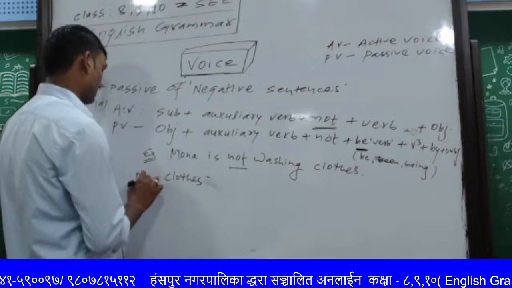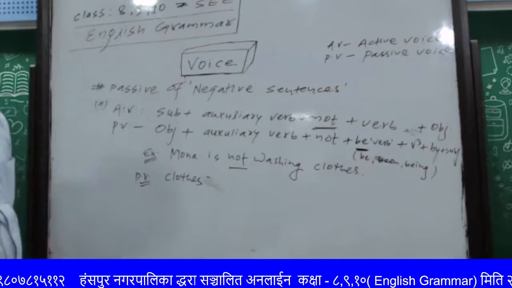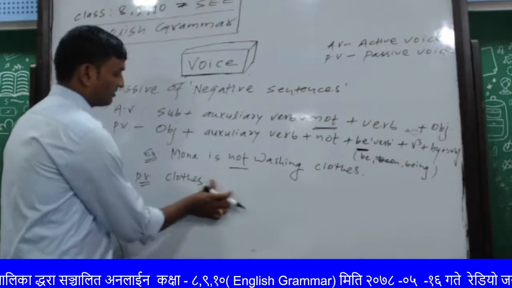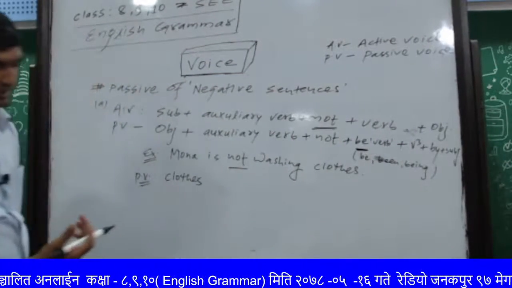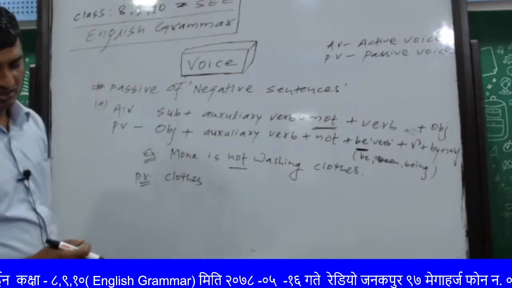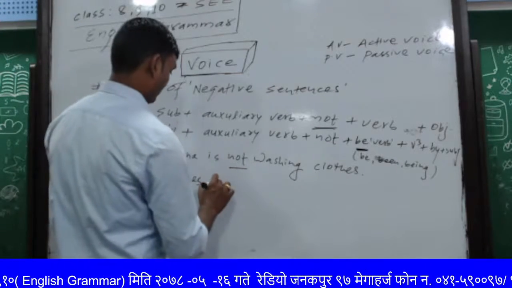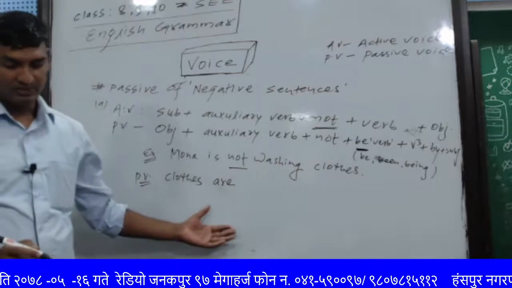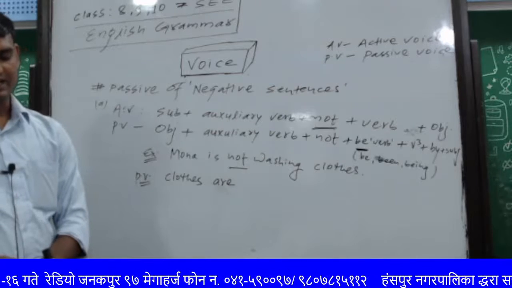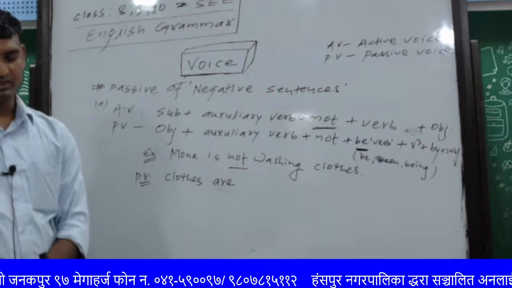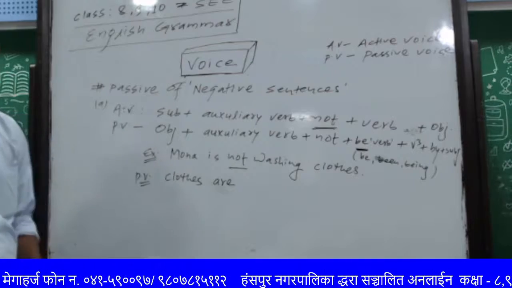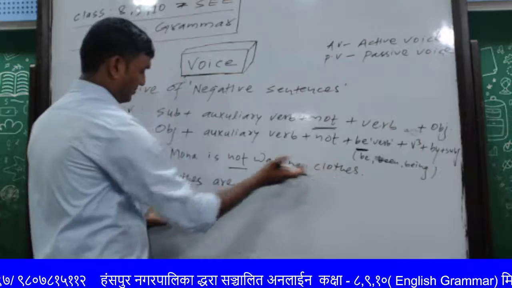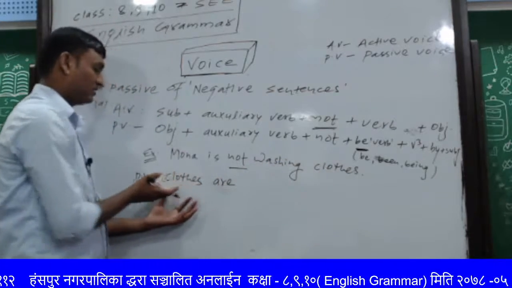Listen, students, this sentence is present continuous, is plus V4. The passive of present continuous is am, is, are plus being. So clothes take are. Clothes is plural, so a plural verb. Some auxiliaries are used, but their number may change according to the new subject in passive. The subject of passive voice is the object of active, that is, clothes.